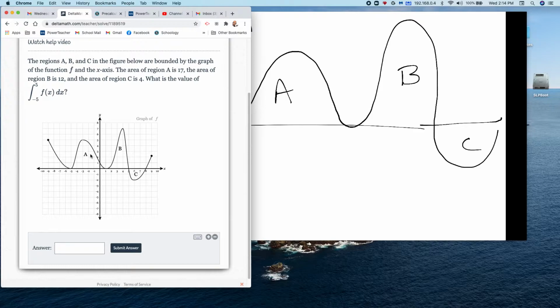And notice the area here was 17, the area here was 12, and the area here was 4. So the integral from -5 all the way up to 5, which would be right to there, that's where we're going to stop.